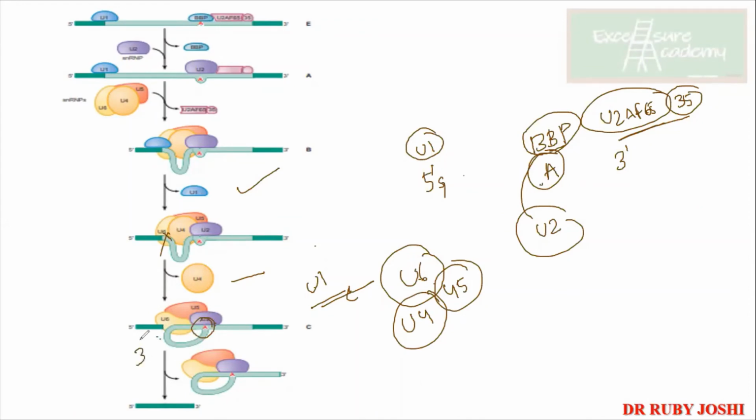Later, the 3'OH is free over here at the first exon. This will have the nucleophilic attack on the phosphate which is present over here. So at the end, what I'm getting is exons are getting attached and the intron lariat, okay, the word used is lariat, is finally removed. So this is how your spliceosomes are functioning.